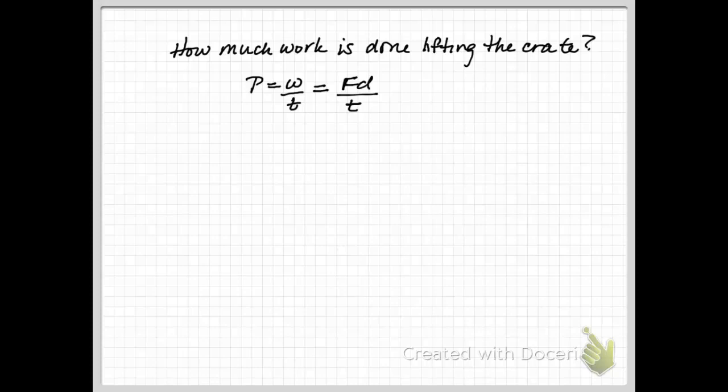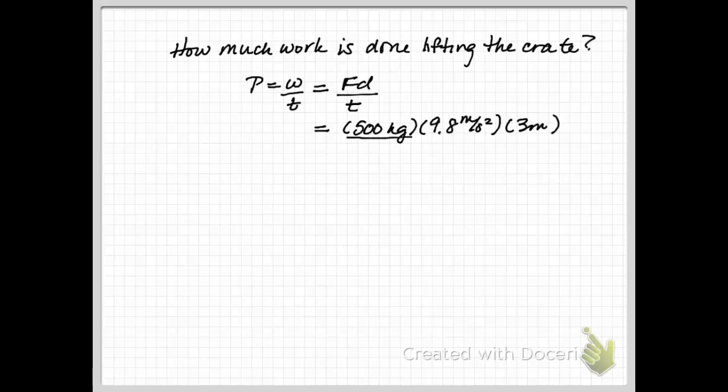So we end up with that 500 kilograms for the mass of the crate times the acceleration due to gravity times the distance that we lifted it divided by the time it took to lift it. And so that ends up being 490 watts.